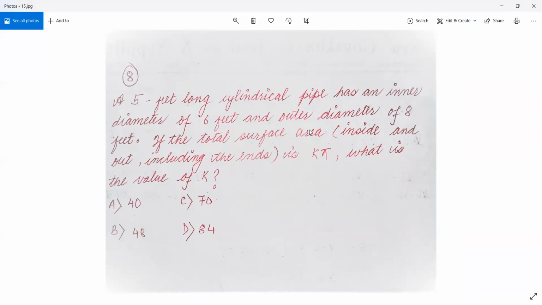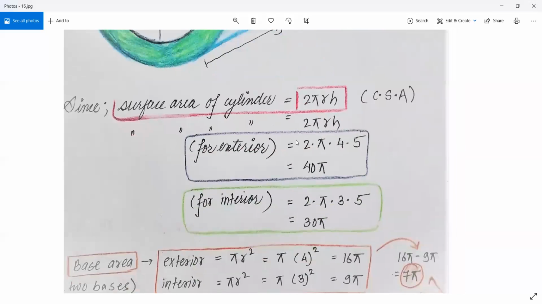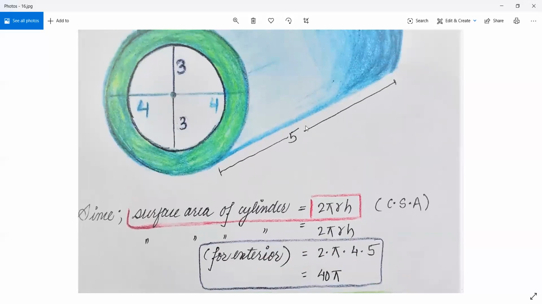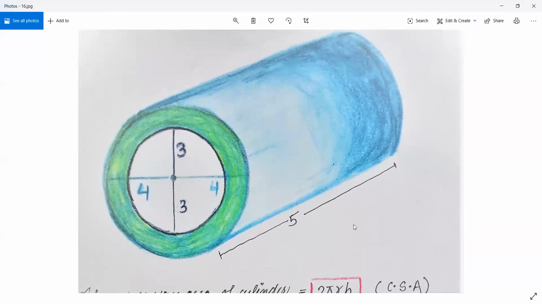What this question asks is, if the total surface area inside and out, including the ends, is k pi, what is the value of k? Let us take out the curved surface area of the cylinder.